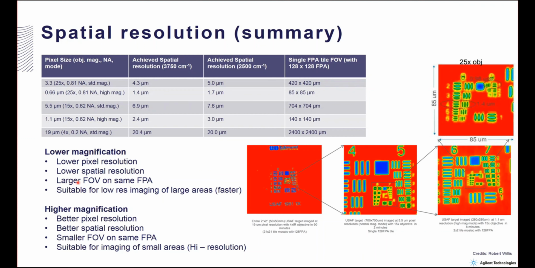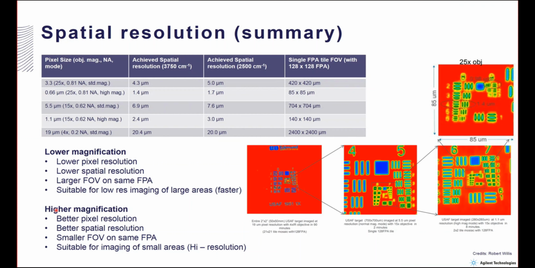But we will have a larger field of view using the same detector. These lower magnification analyses are suitable for low resolution imaging of large areas because it's faster. For example, in this case, we can image the whole calibration target with a low magnification, 4x infrared objective.